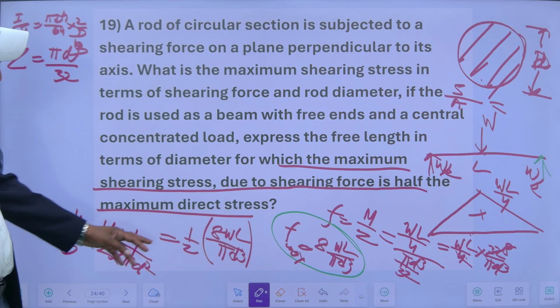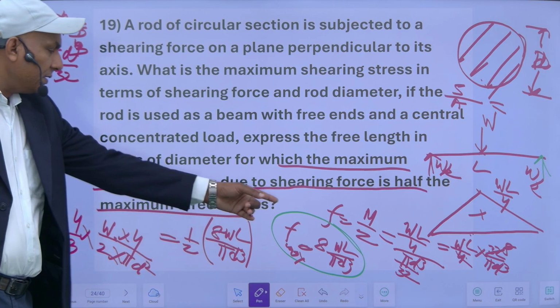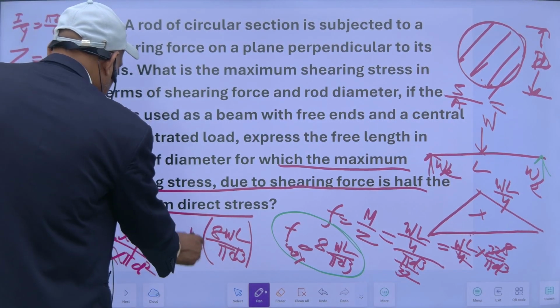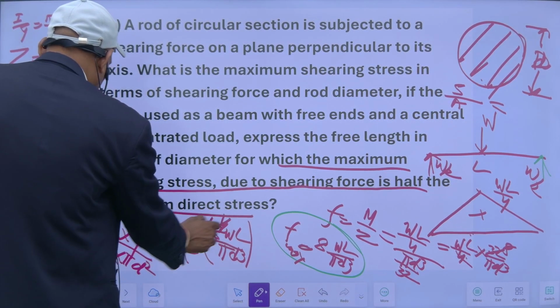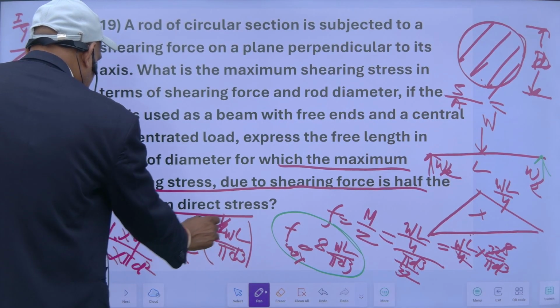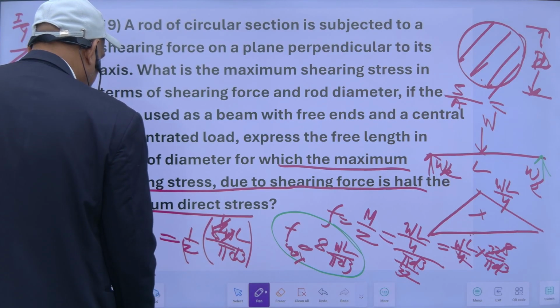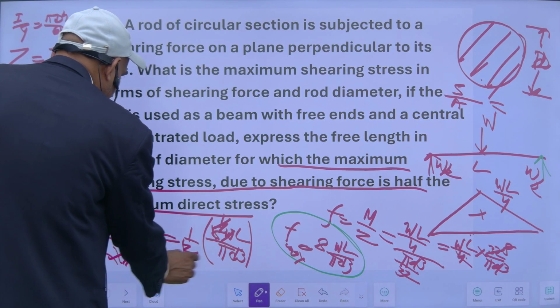This q max is equal to half times the maximum direct stress. So now from this equation, 4 and 4 will cancel, W and W will cancel, and this will be d.